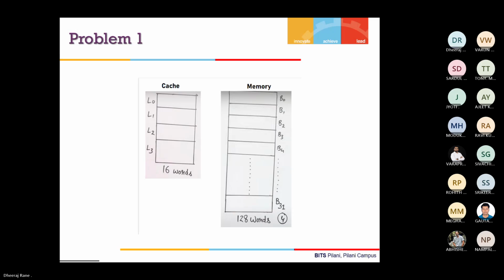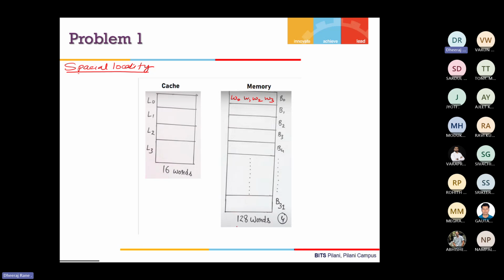Okay. So if this is the case, where we are trying to take the advantage of spatial locality as well, just try to understand how things are going on over here. Just see that within this, there may be W0, W1, W2, W3, right?